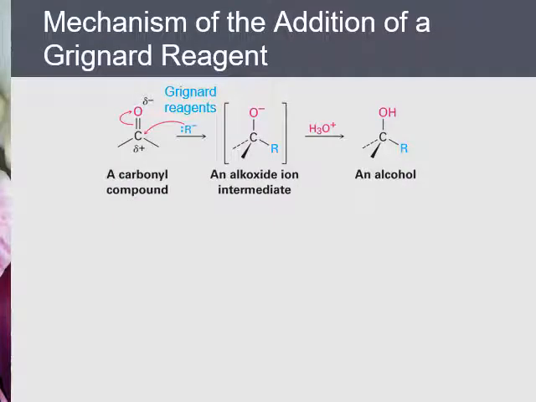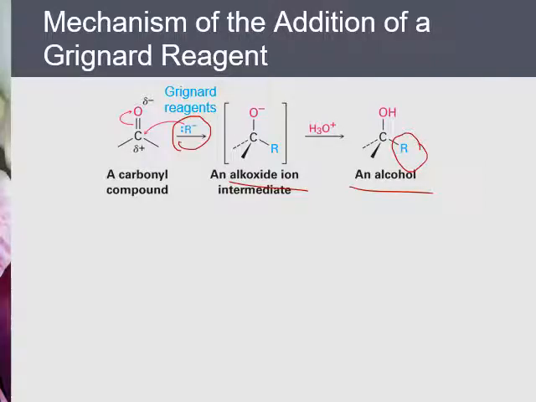The mechanism of addition of Grignard reagent is similar to the hydride reduction reaction. The first step, instead of hydride, is the carbanion from Grignard reagent attacking the carbonyl carbon, which forms an alkoxide ion. The next step is protonation, which gives you the final alcohol. Note that in the final product, there's an additional R group that comes from the Grignard reagent.